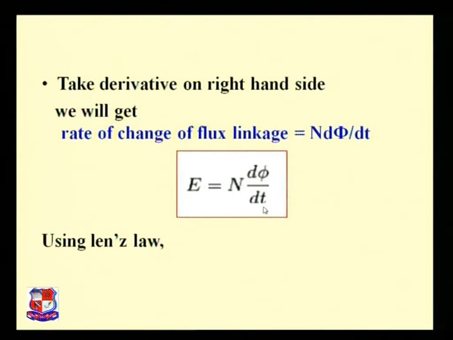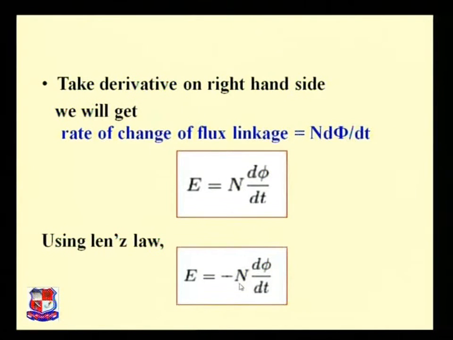But the induced EMF is always opposite to the flow of current, so using Lenz's law we put the negative sign. So E equals minus N d phi by dt. This way Faraday's two laws give the result that induced EMF is equal to the rate of change of flux times the number of turns of the coil, and the negative sign represents Lenz's law.